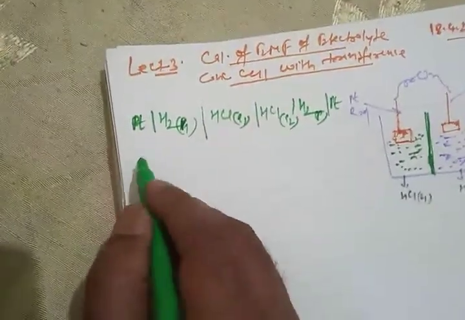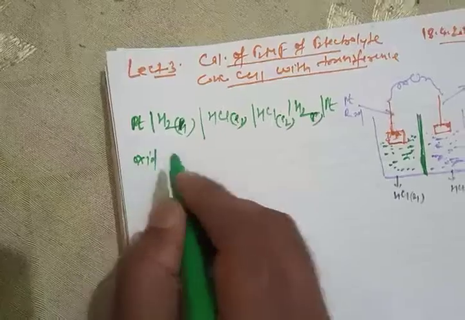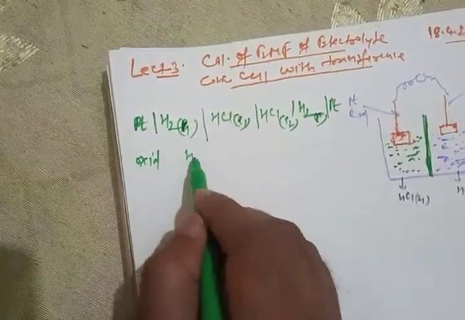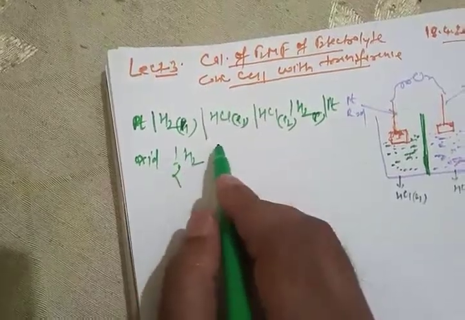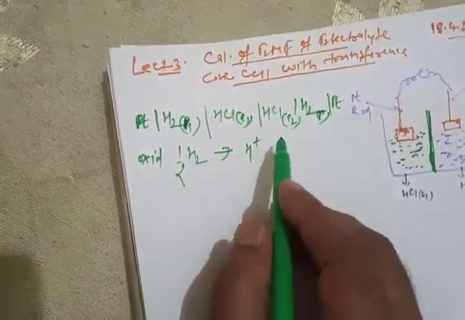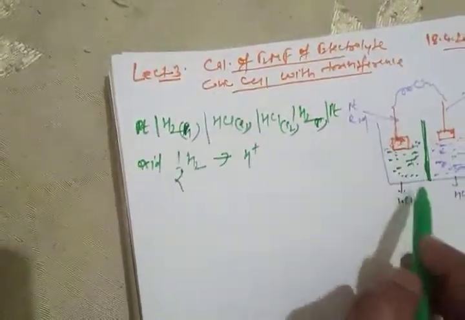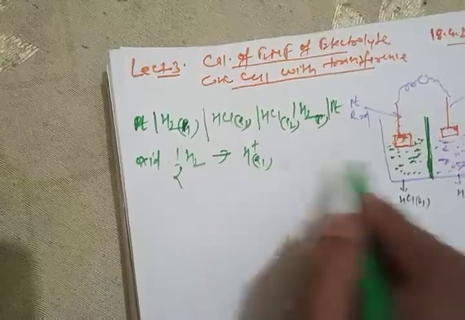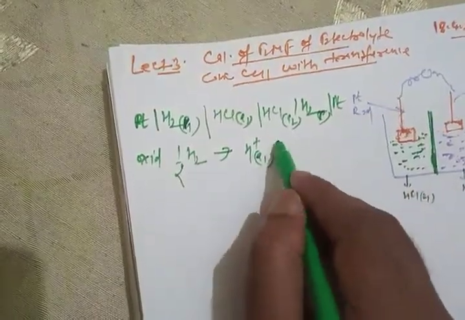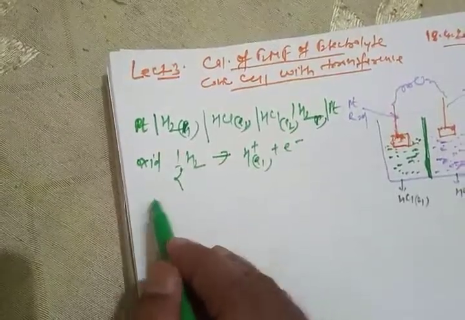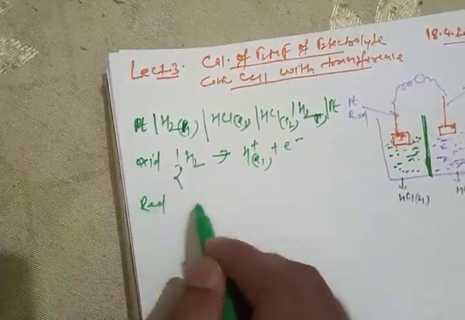Let's talk about the reactions. The first is the oxidation at the left hand side. So half H2 is converted into H plus ion, and the activity of H plus here is A1, with release of an electron, and this electron will be gained at the second end, that is the reduction.